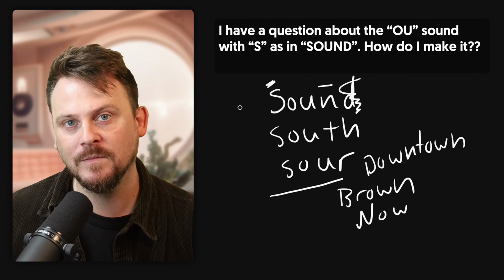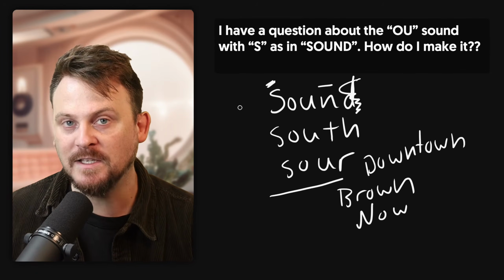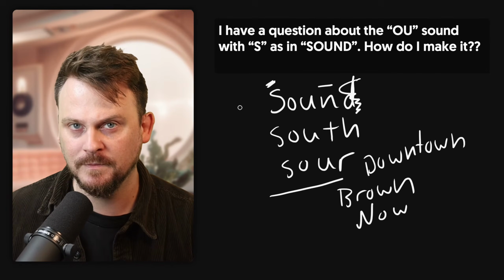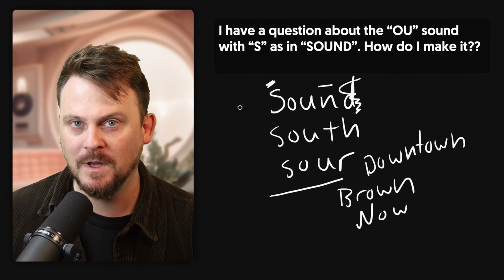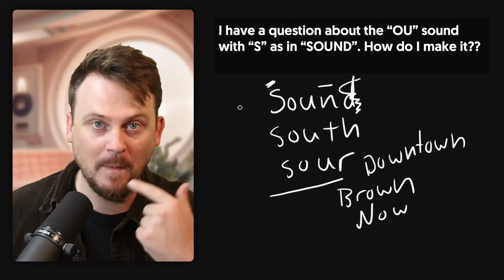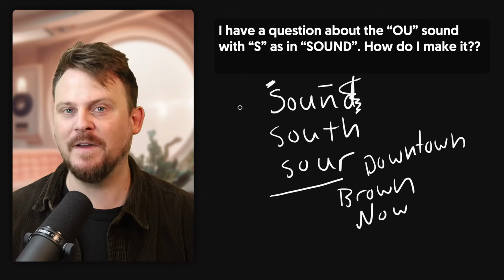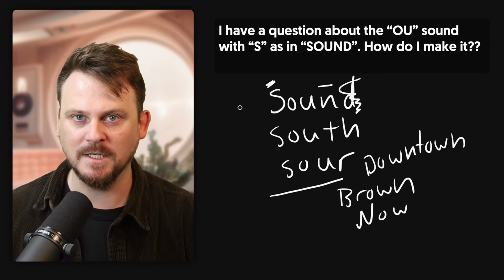Now let's say it faster. Sound. Sound. Notice what my mouth is doing. S, ow, n, d. I'm doing it all. I'm just saying it faster. That takes muscle memory and practice.